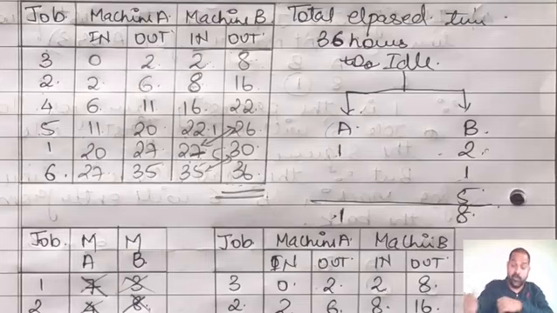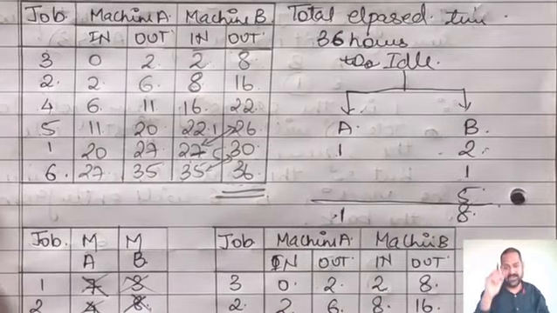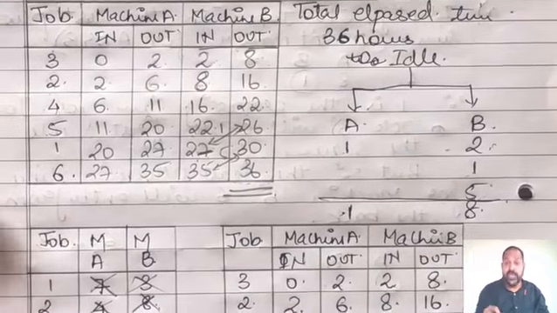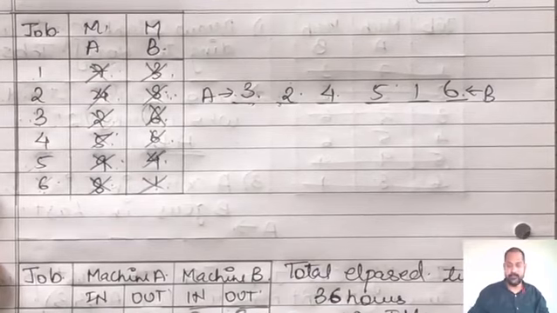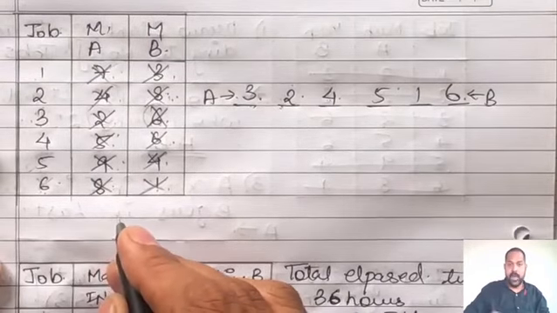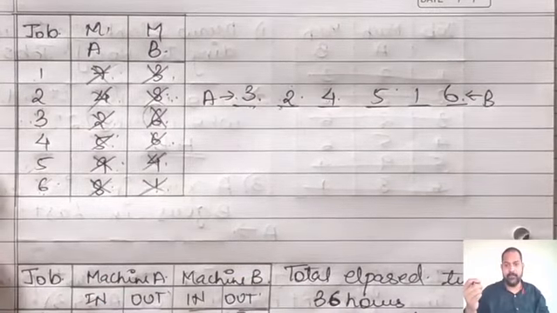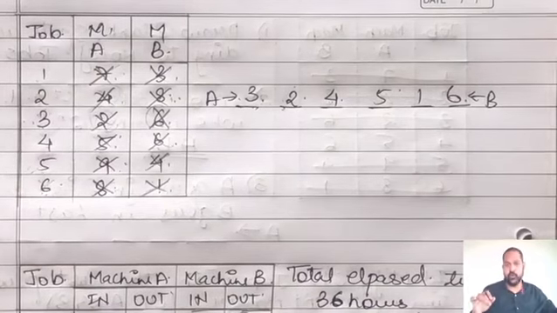What I'm going to do is show you the same, but in a slightly different way. I'm going to teach you how to verify if this is correct. How? Go back to your table. Check how much time machine A requires to do all the jobs.